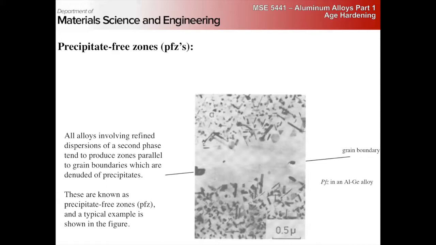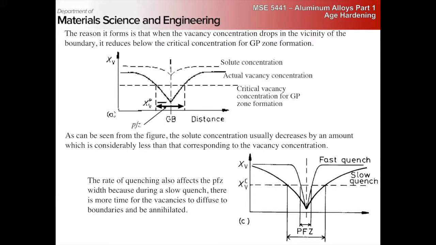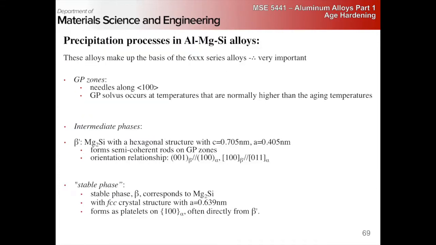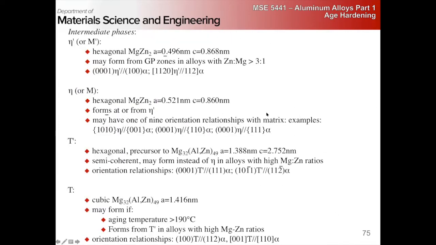Those are called variants. We'll talk about that a lot in steel when we talk about martensite. From austenite to martensite, we have 24 variants. They all satisfy the same orientation relationship. I just thought I'd throw that out there, because I want to point out that variants are different than having multiple orientation relationships. What this means is that there are preferential ways for this phase to grow, but they're not so different in energy that you see one over the other.